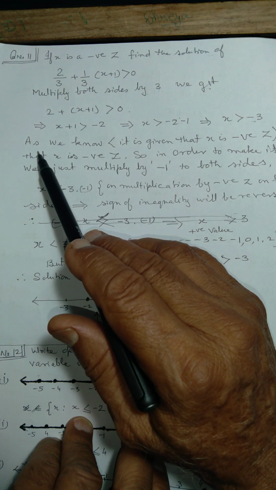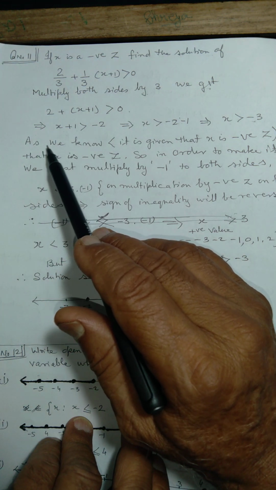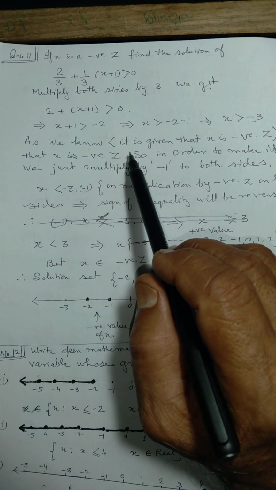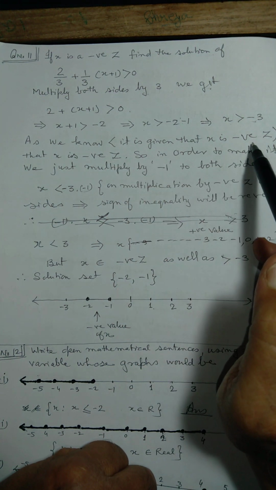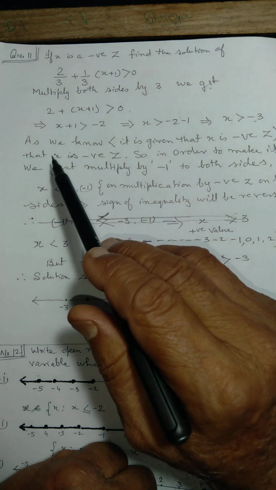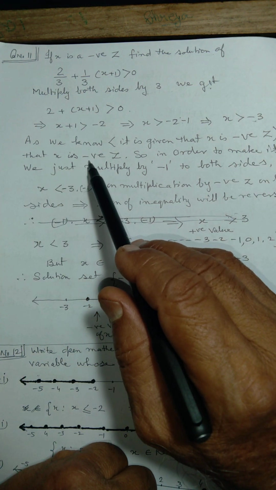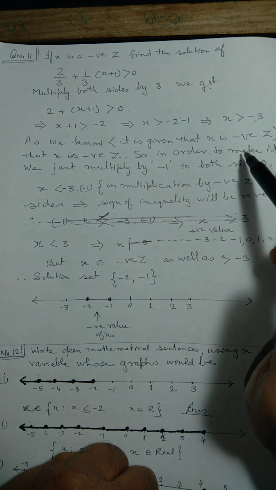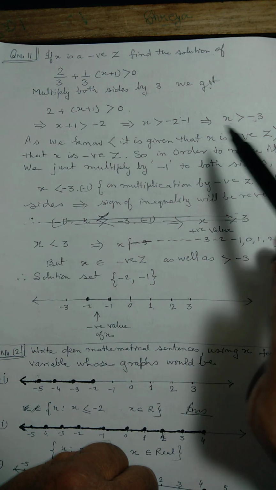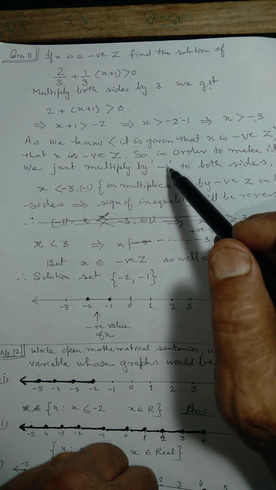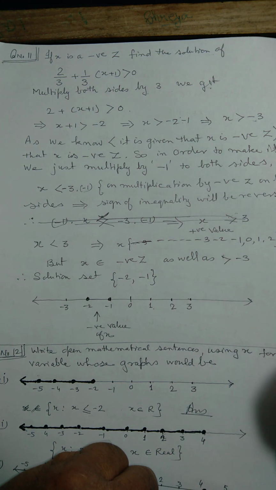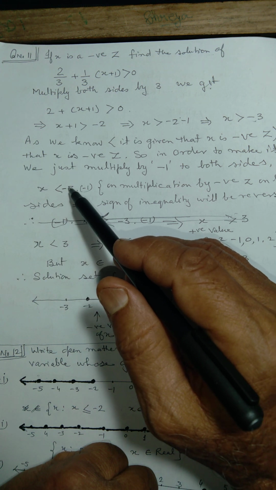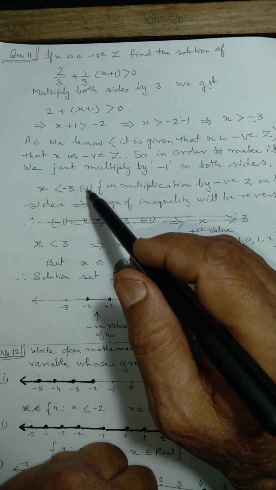Now further I have elaborated it. As we know, in bracket it is given that x is a negative integer. So in order to make it positive, we just multiply it by minus 1 on both sides. We get x less than minus 3 into minus 1.